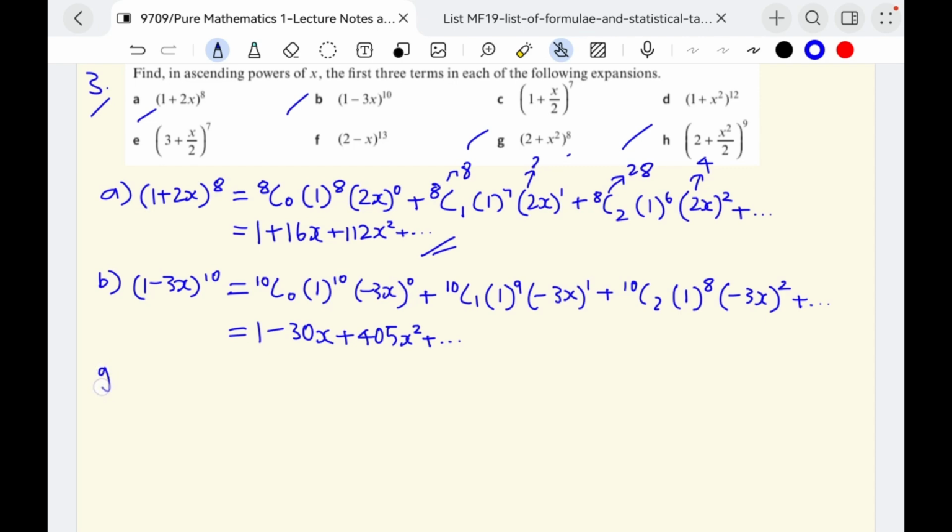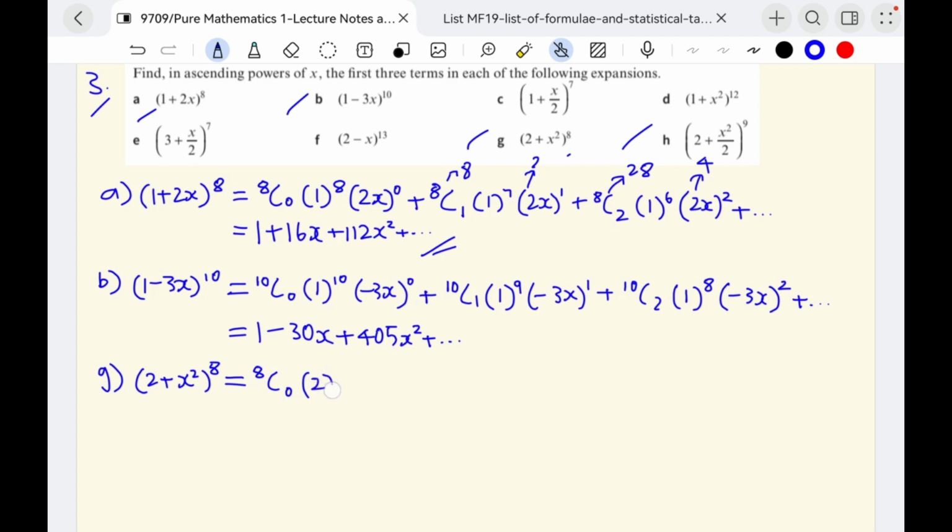So G. G is the special case because of its term. The expansion inside includes x to the power of 2, which raises to the highest degree of 2 inside the bracket. So 8C0. This time it is 2, it's no longer 1. So I told you before, apply the formula properly, I mean the formula of the binomial expansion.